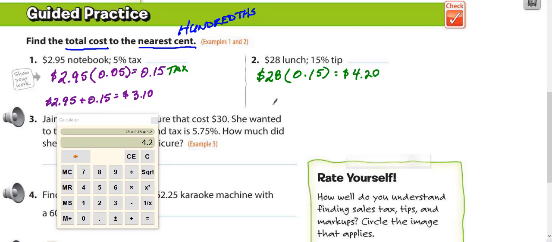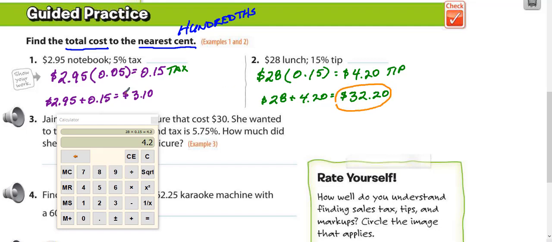That's the tip. To figure out the full amount, we have to take the $28 and add the $4.20, and we get $32.20. That's our final answer.